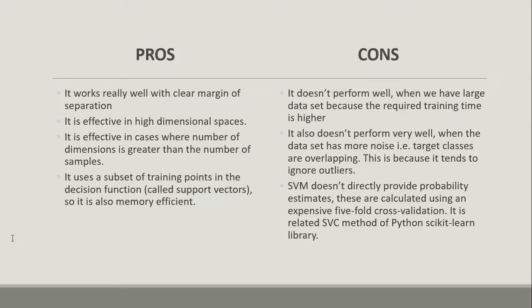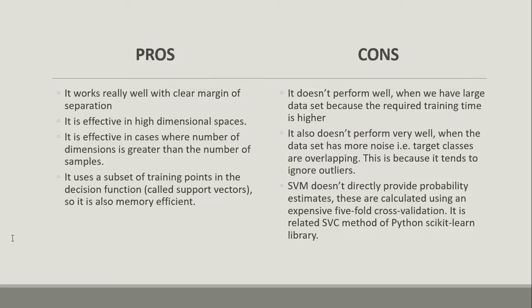The second disadvantage is that it doesn't perform very well when the data set has more noise, that is, more outliers. The SVM, as we saw earlier, tends to ignore outliers. So when we have a lot of outliers, it will ignore a lot of important data, and that would lead to reduced performance.